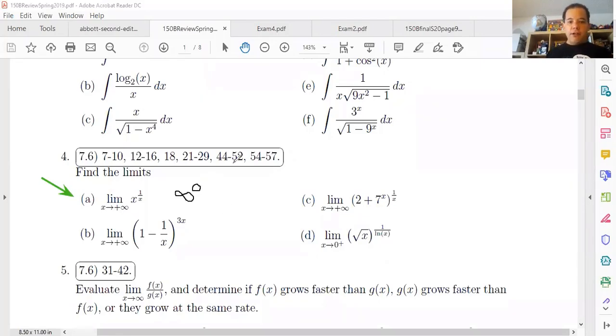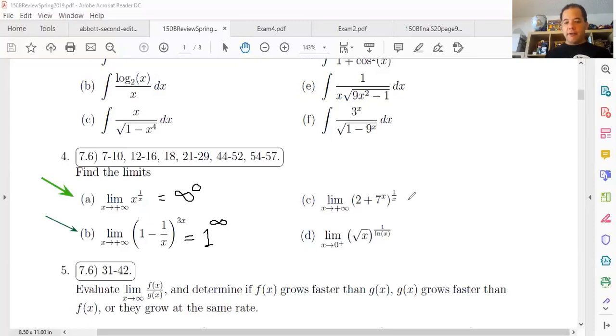For the next one that you see after that, for part B, this time when x goes to infinity, the base goes to 1, but the exponent goes to infinity, so it's 1 to the power infinity, right? So again, another indeterminate.